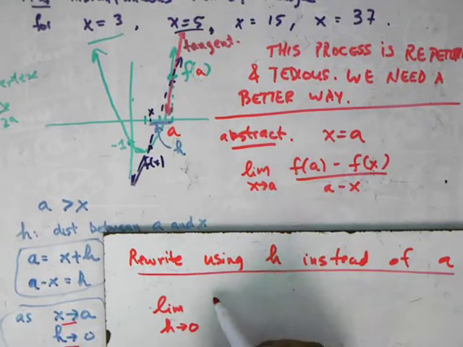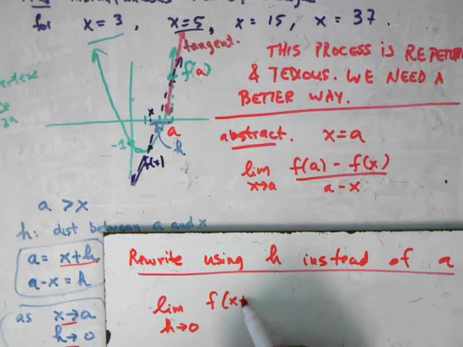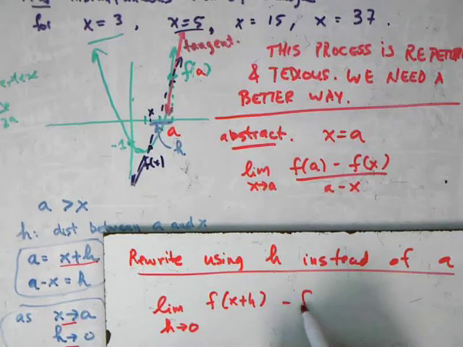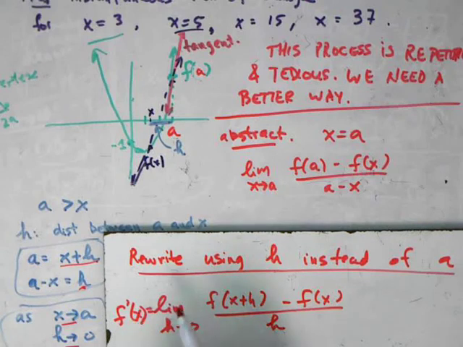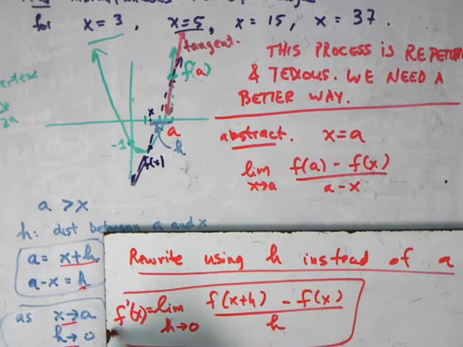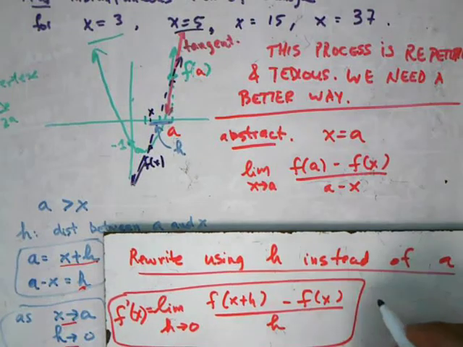And instead of f of a, well, a is just x plus h, so f of x plus h minus f of x over a minus x, which is really just h. Okay. This right here, we pronounce f prime of x, and in the mathematical community, this is defined as the derivative.